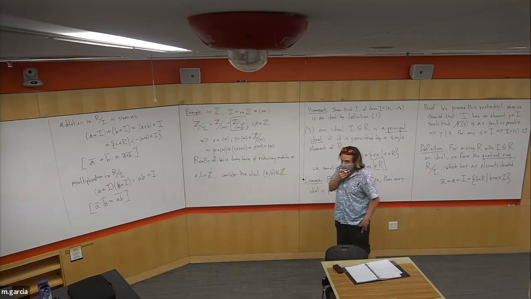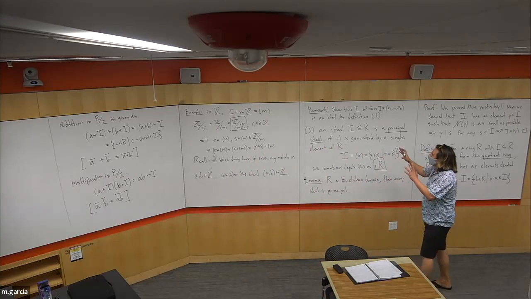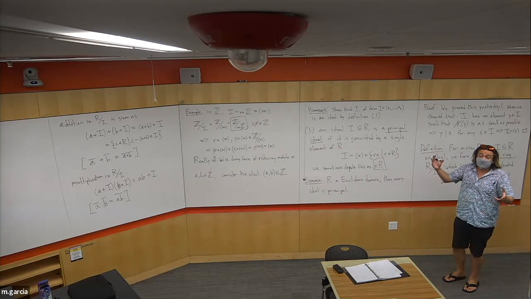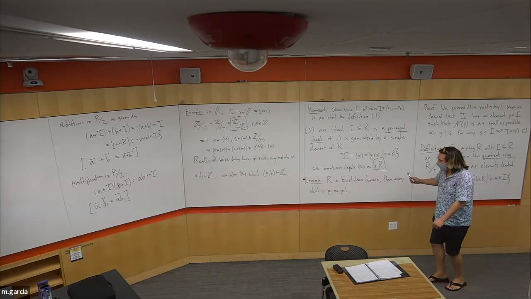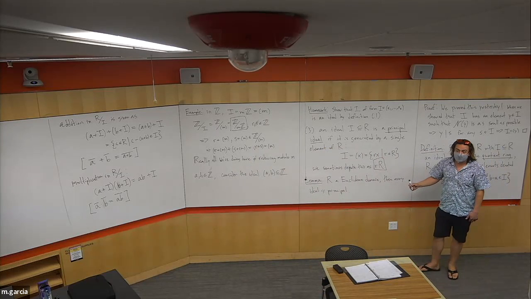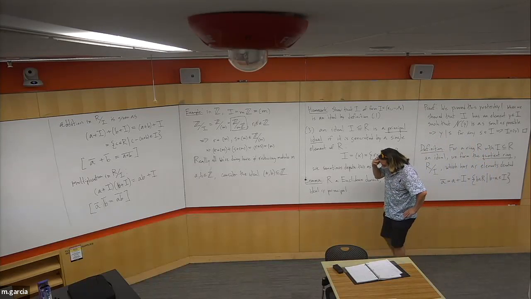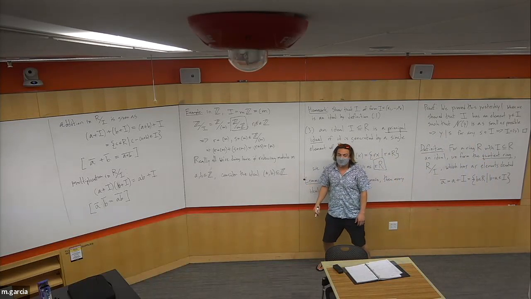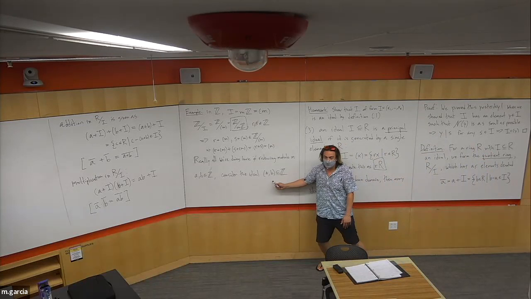If I look back at my definitions, I know that I can generate some ideal with possibly an infinite number of generators. But by my lemma, I know that I can always find a single generator afterward, regardless of how I originally thought of my ideal. Just because I took two generators here doesn't mean I can't find a single generator that does the same job. So how do I find a single generator of this ideal generated by A and B?